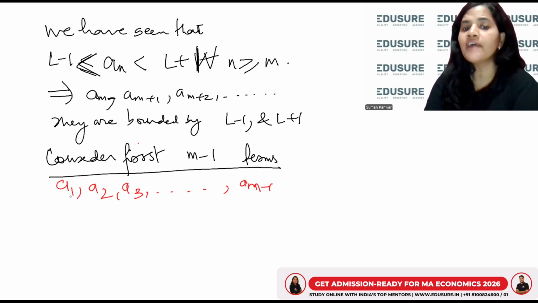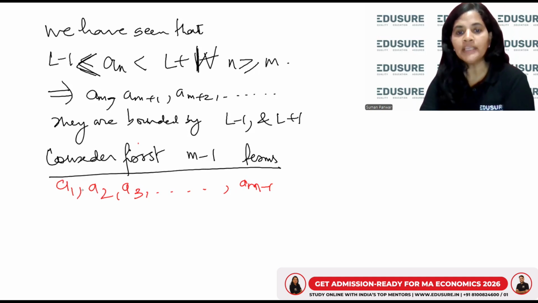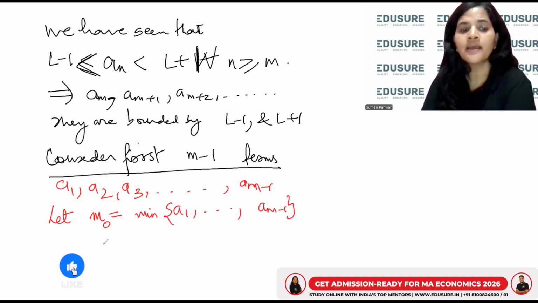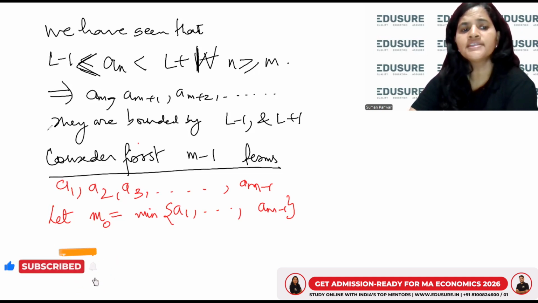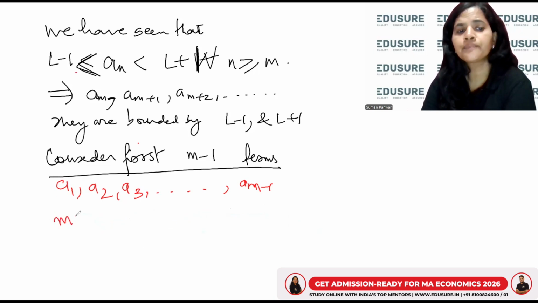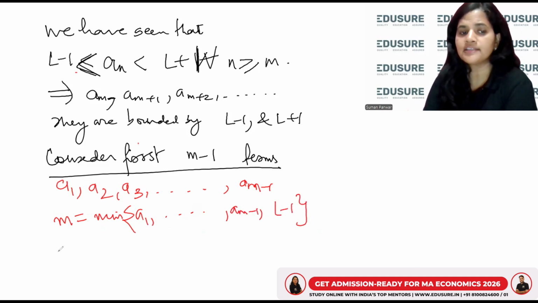Whenever I have a finite set, I will have a maximum and a minimum. Let us do it in a simple way so that in one go I will be able to come to a conclusion. Let small m be the minimum of a_1 till a_(m minus 1) and L minus 1.